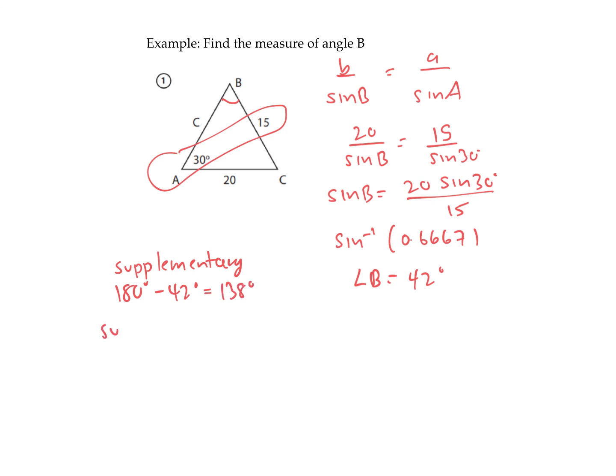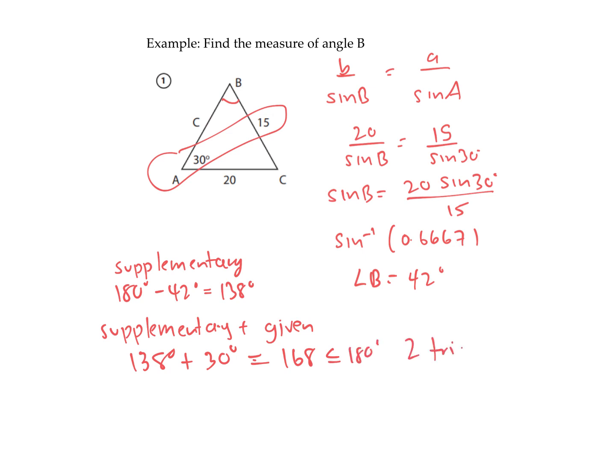And then we're going to take the supplementary plus the one that was given. So 138 plus the angle given was 30, which is 168, which is less than 180, which tells us that there are two possible triangles for this question.